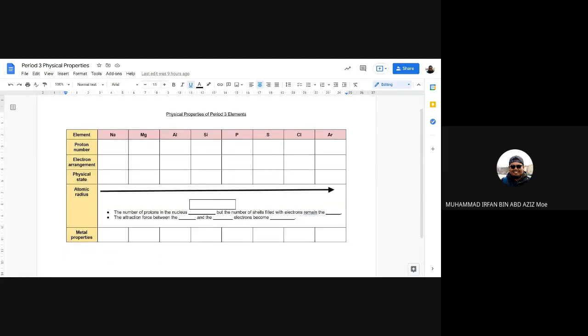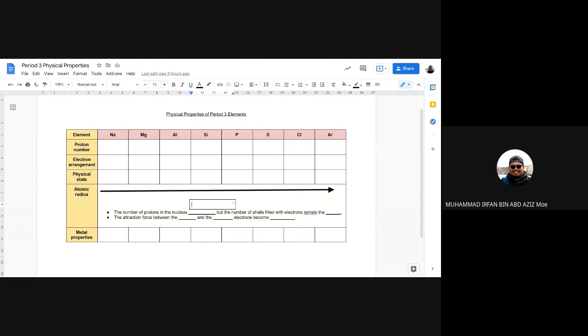Then the atomic radius decreases. Why? Just fill in the blank. The number of protons in the nucleus increases, but the number of shells remains the same. Therefore, the attraction force between the nucleus and the valence electrons becomes stronger, so they get closer.